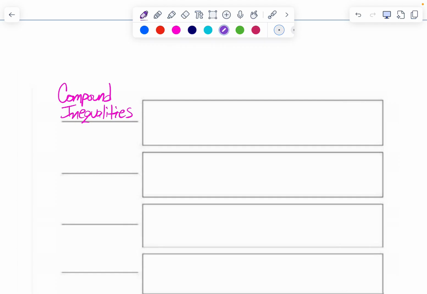Okay, compound inequalities. We have two versions. So let's start with the "and" version.